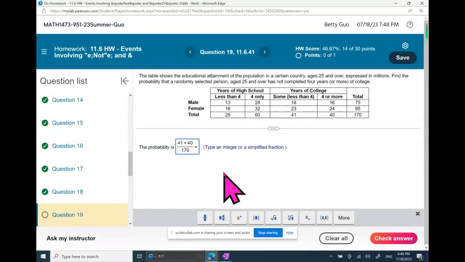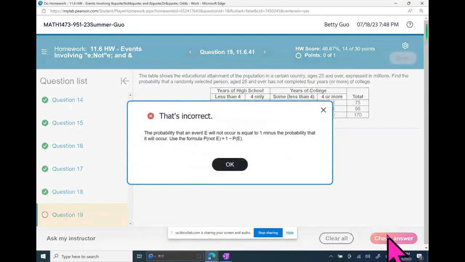Simplified fraction, 81 over 170. Only divisible by 3, 9. 170 is not divisible by 3. Should be like that.